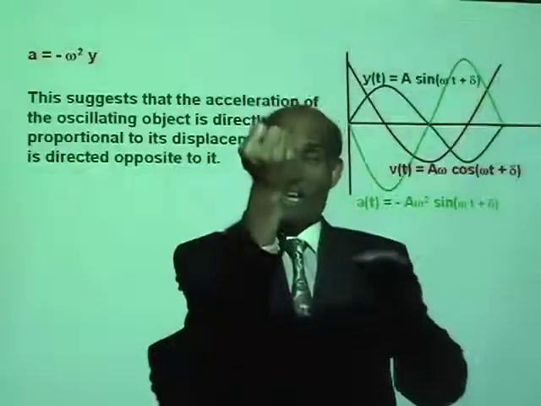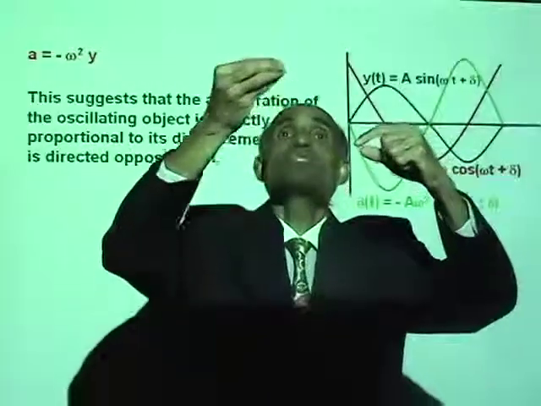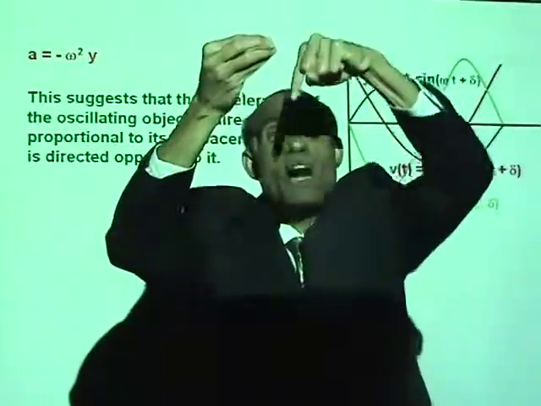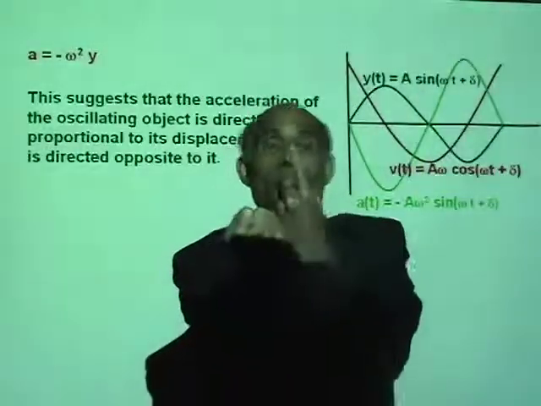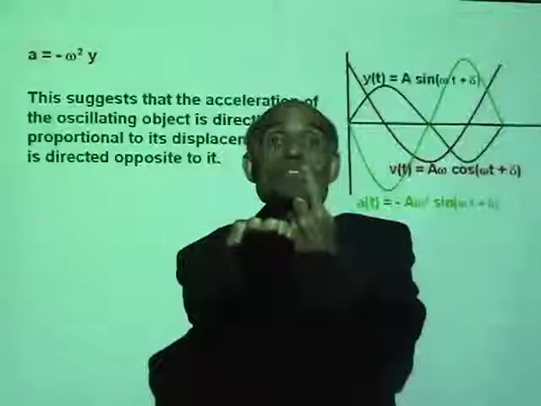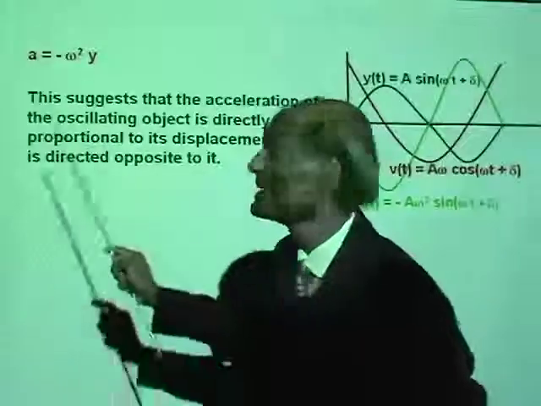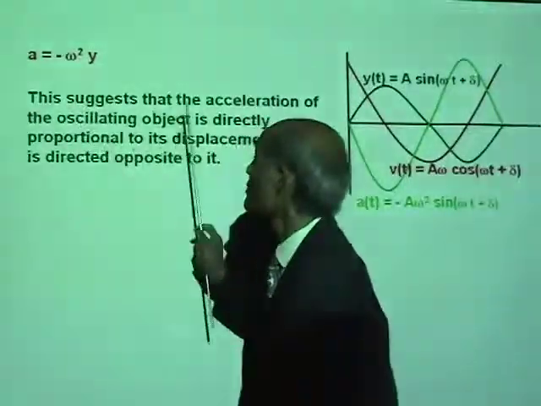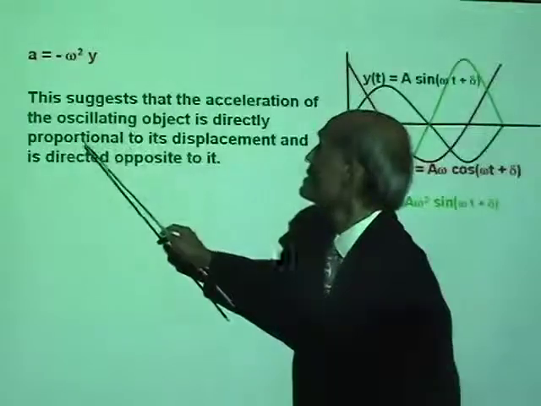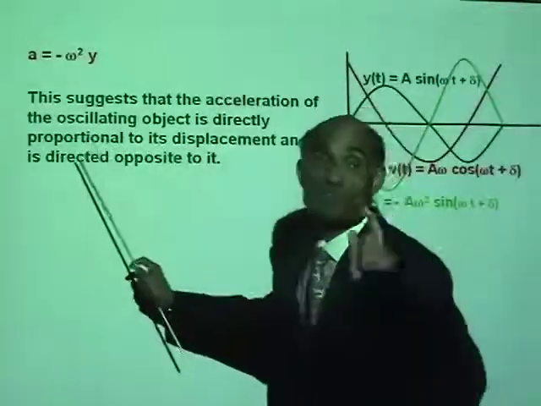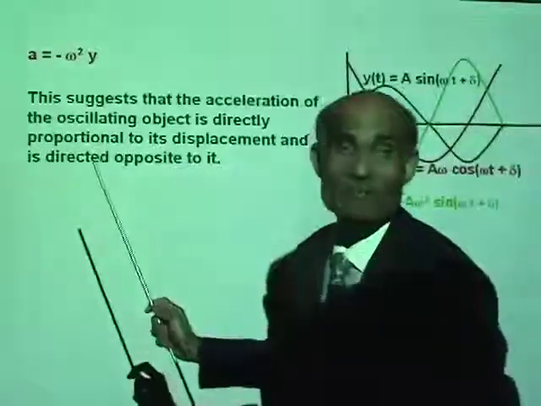As y increases, acceleration increases. But as y increases upward, the acceleration is downward. As y increases downward, the acceleration is upward. The direction of acceleration is always opposite to the direction of displacement. That is what this negative sign says. So watch the sentence again. Acceleration of the oscillating object is directly proportional to the displacement and is directed opposite to the displacement.